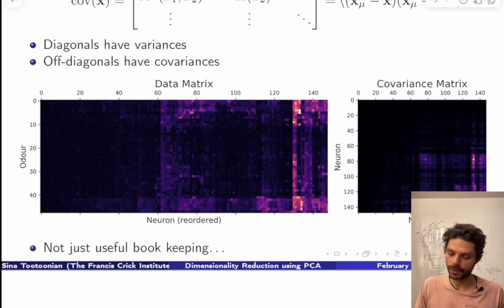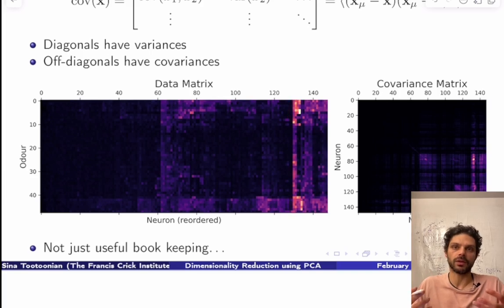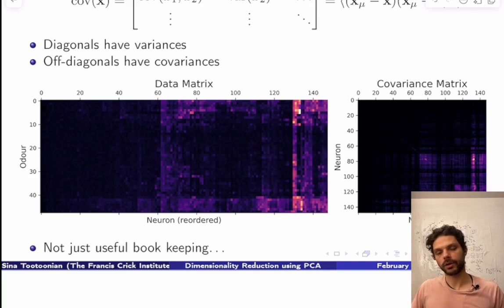So we're getting, for example, kind of a block of activity there, corresponding to the fact that we have neurons that are responding, but their responses are kind of similar, right? So like the first couple there, for example, seem to like this odor and this odor, and maybe a little bit of a preference for those intervening odors. So they'll get a large covariability, and that'll contribute to getting this big block of activity showing up in the covariance.